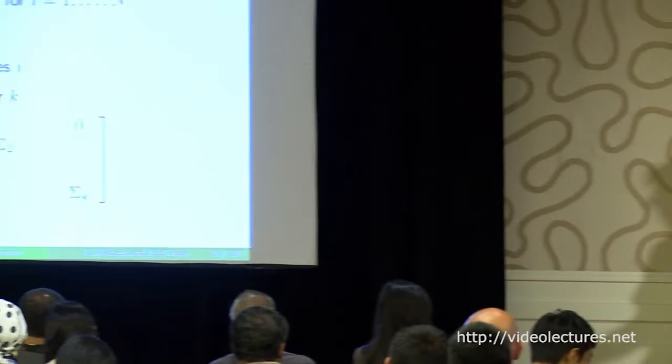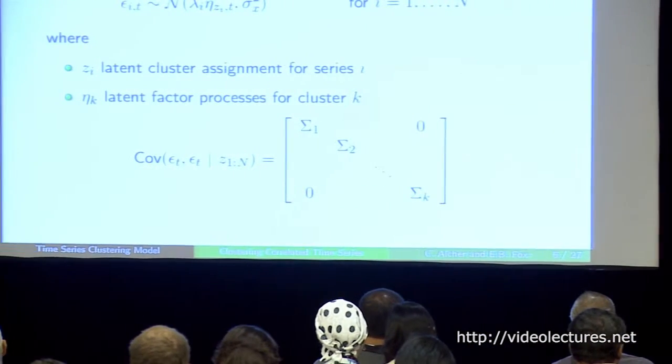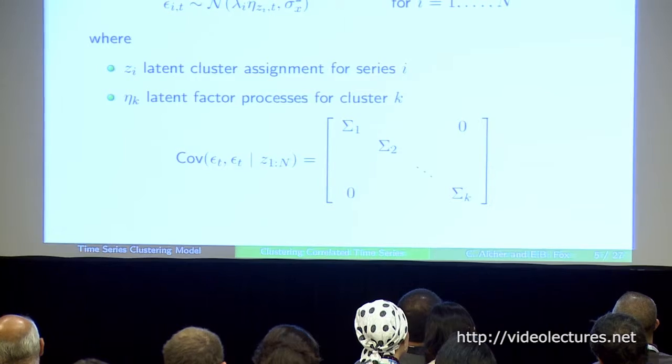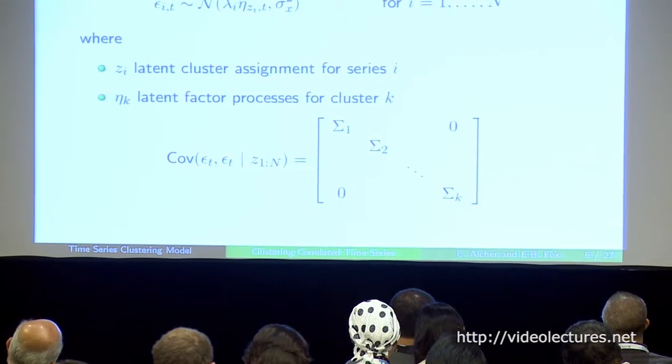So I'm going to believe that each time series belongs to one of k clusters, denoted by a latent variable z_i, and that each cluster has a latent factor process, eta_k, from 1 to t, that denotes its evolution, so that the noise in our process, epsilon_it, is distributed according to some additional noise plus some latent process eta. Eta is the n-shaped thing in Greek letter.